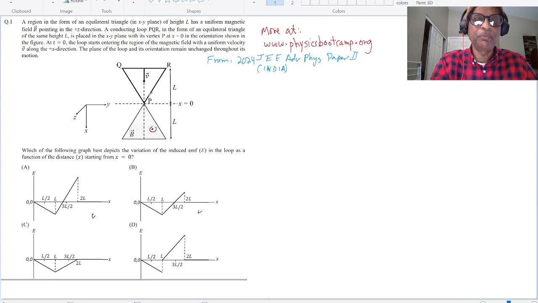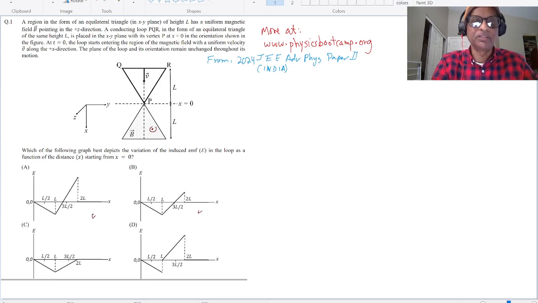As a result, inside this ring there will be an induced current as the ring is falling down. What is the law that actually governs this induced current?